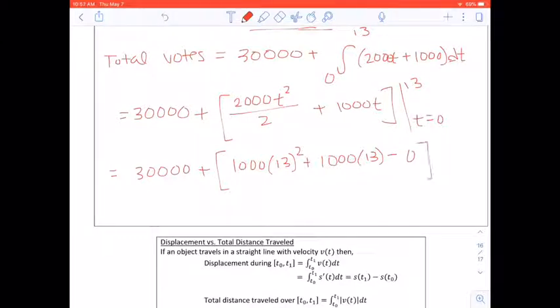And then working this out, you're going to end up with 212,000 votes. So they use this kind of idea when they say, oh, it looks like this candidate is going to win, because they're getting votes at this kind of rate. So very useful in the political field.